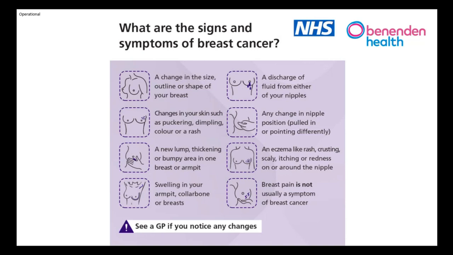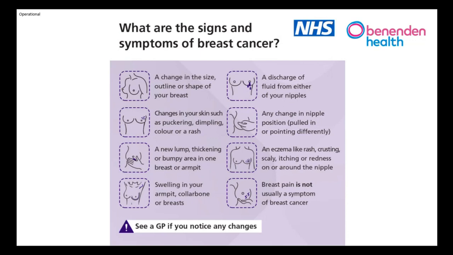You have cysts, which are little sacs of fluid in the breast tissue, which are quite common as well. Or you've got something called fibroadenoma. I always have to practice that. This is a collection of fibrous glandular tissue, which is more common in women under the age of 40.